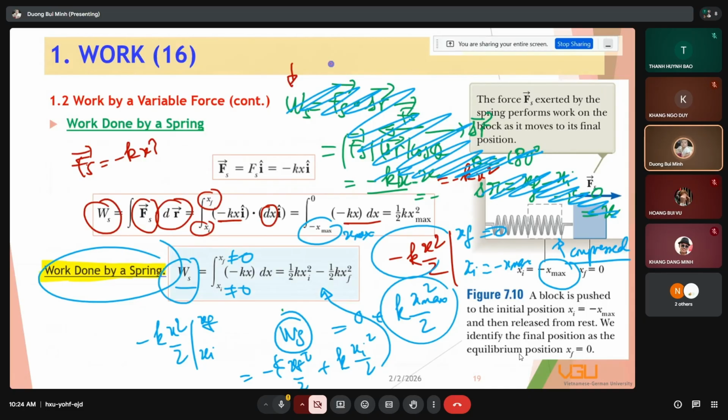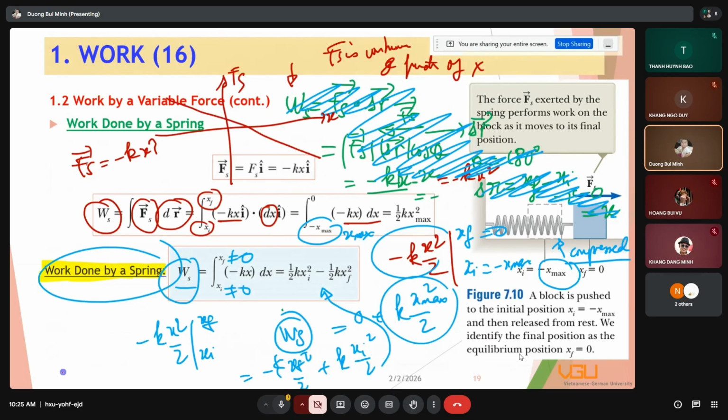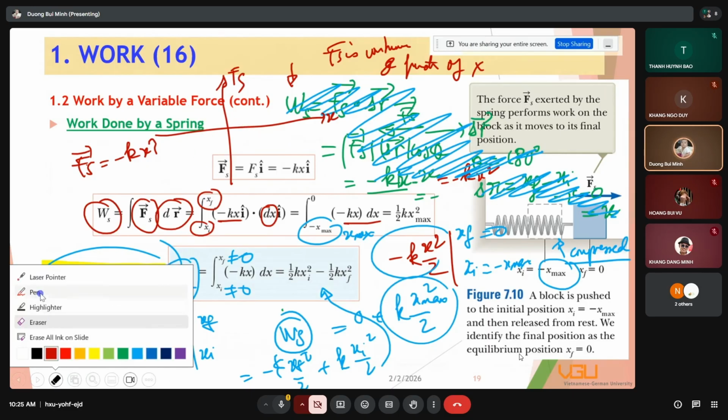As I mentioned before, because Fs is continuous and a function of x. Fs is continuous and a function of x, like this. This one is Fs and this one is x. You get the curve here, right?